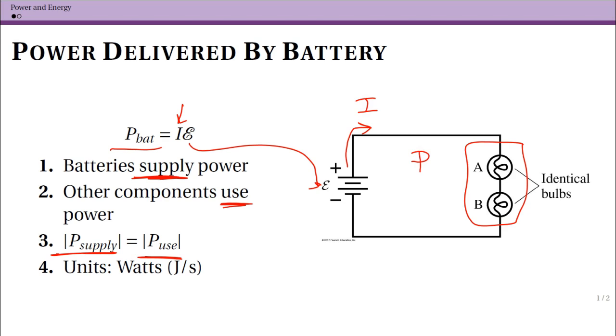We could then say that each of these are using half of the power that the battery is supplying. There's no reason to say that one is using more than the other as long as they're identical. And we can talk more about how to actually calculate this in a second, but that's the way to think about this, that the battery is supplying power and the stuff in the circuit is then just using that power.